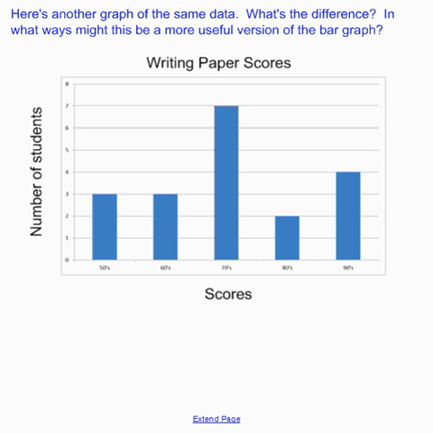I don't know if you can read this very well, but same idea, writing paper scores. These are still scores down here, still number of students. But what I've done on this one is, this one says 50s on it, and this one says 60s, and this one says 90s.